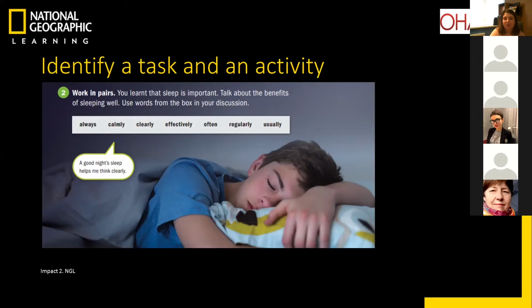Students are exchanging their ideas about the benefits of sleeping well. The ultimate aim is to use the words from the box. But of course, while they are doing the speaking activity, they will come up with some other words, and they may attempt some language which they don't know yet.